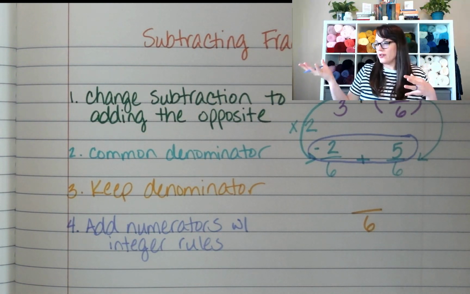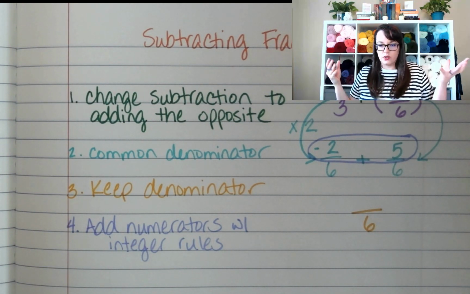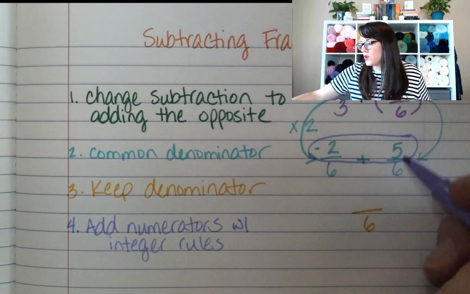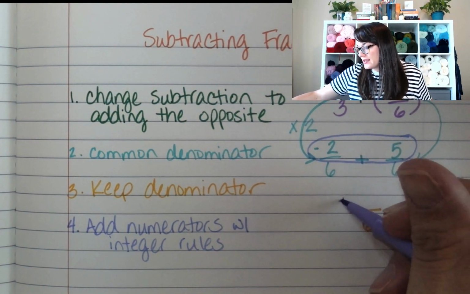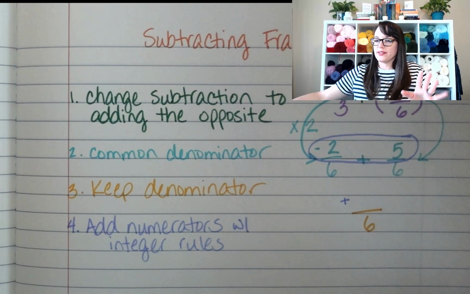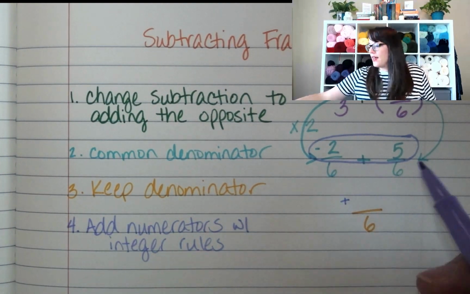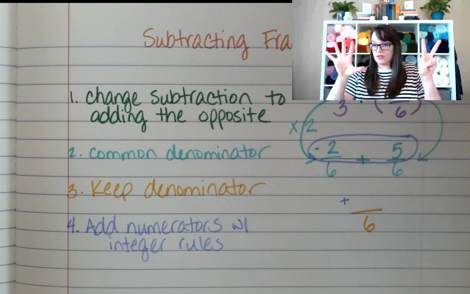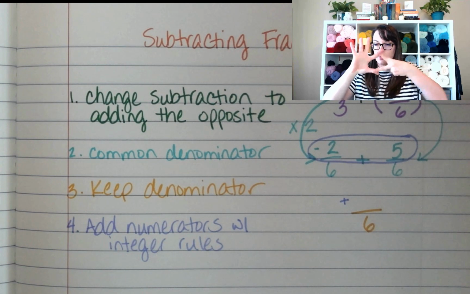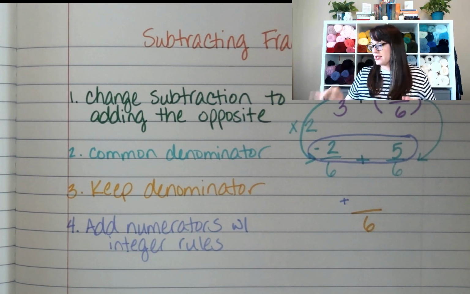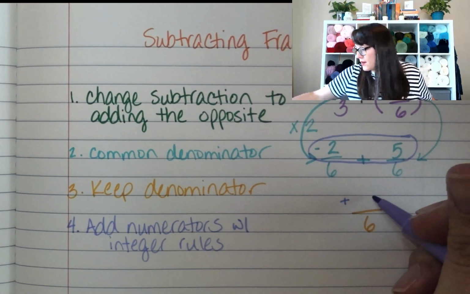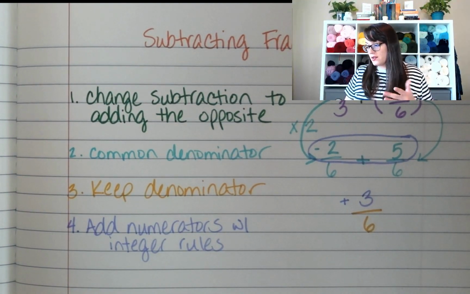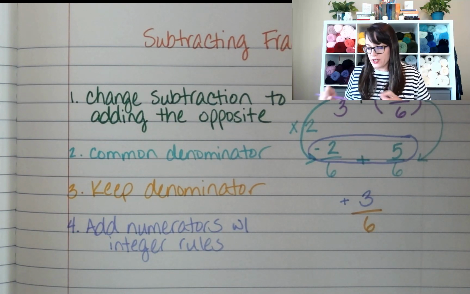Is 5 or 2 bigger? The +5 is bigger. So my answer is going to be a positive. You don't have to put the positive, but I'm putting it there so we don't forget. And if there's 5 positives and 2 negatives, the 2 negatives pair up with 2 positives to cancel out. So then I just end up with 3 positives left over.